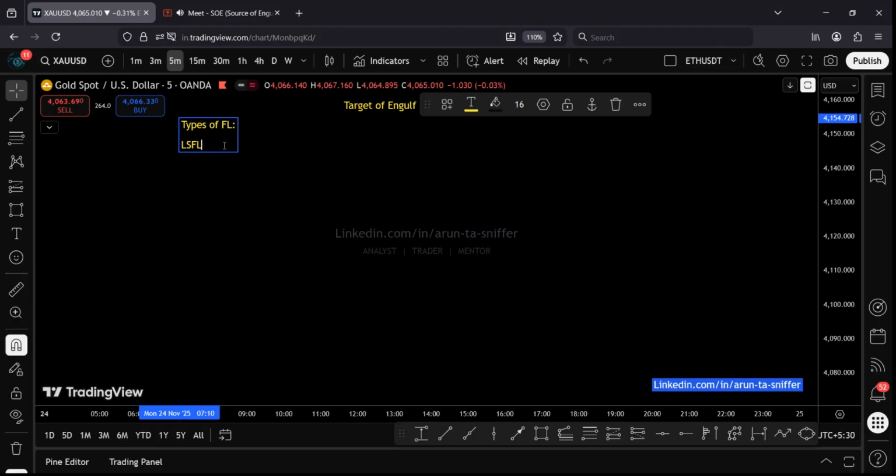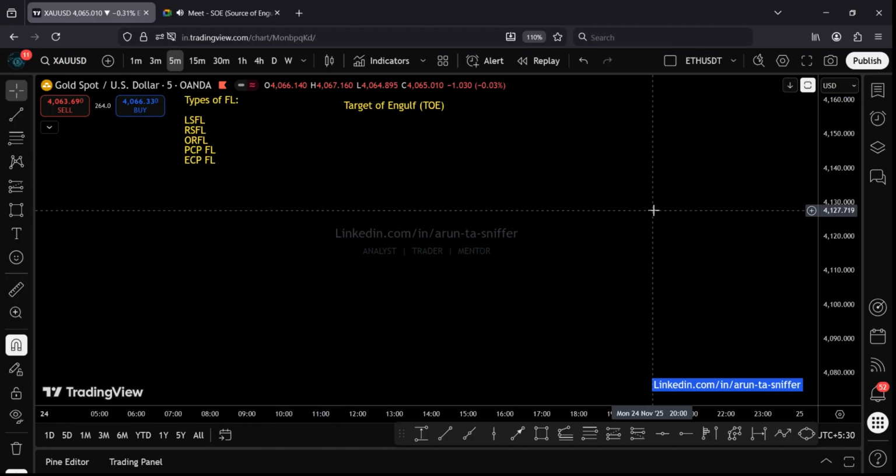First we have LSFL, then we have RSFL, then we have ORFL, and then we have PCPFL. PCPFL means compression. Then we have ECPFL, end of CPFL, right? We have different types of FLs here. So let's see one by one.